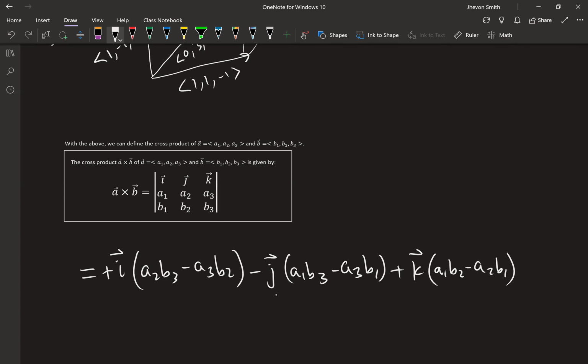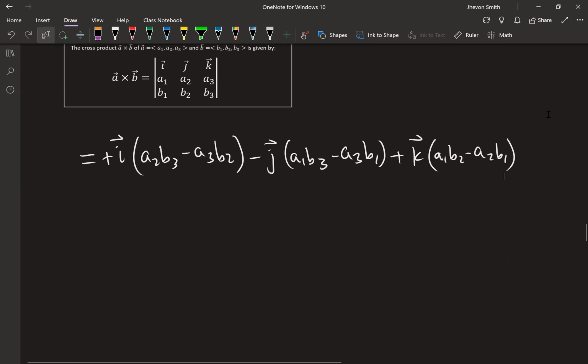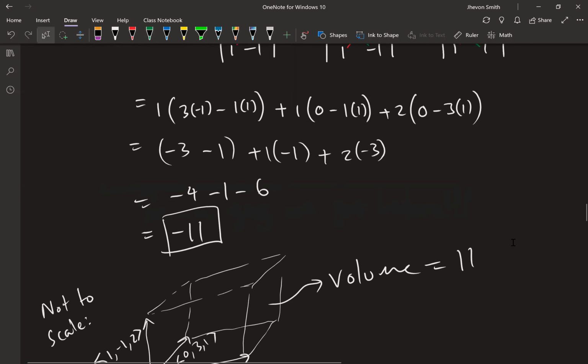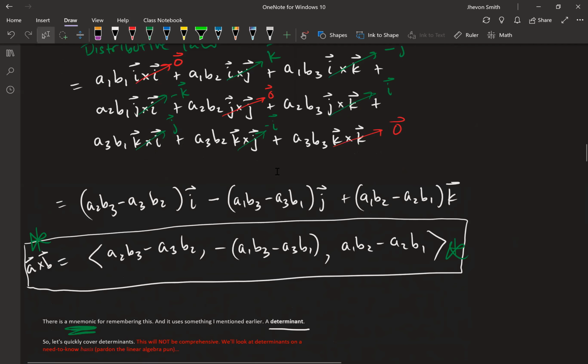And gasp, that's the guy we had before, right? That's the guy we had when we actually painstakingly derived the cross product the first time. Same guy we got before. You can even compare it to what we had up here. It's the same thing.